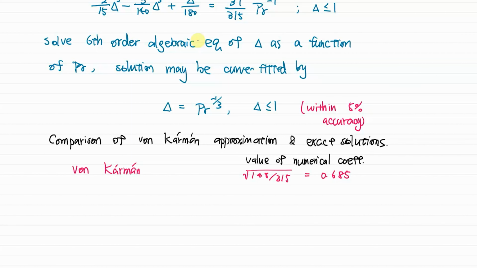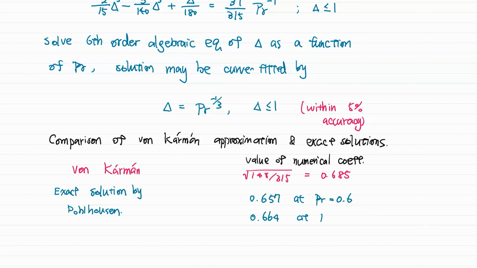And based on the exact solution by this person, we have 0.657 at Prandtl number equals 0.6, 0.664 at Prandtl number equals 1, and 0.670 at Prandtl number equals 2.